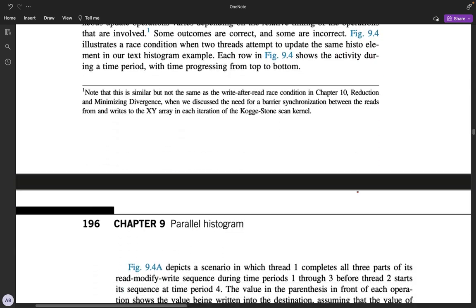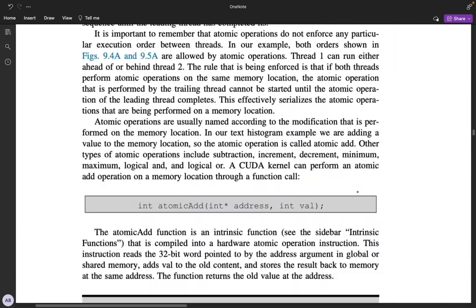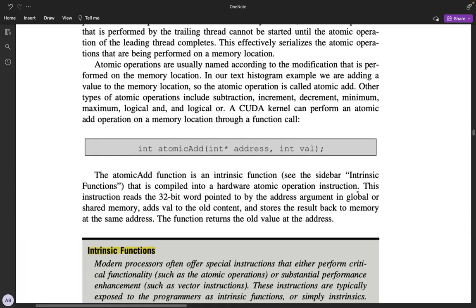So the way to avoid this is by using something called atomic add. CUDA guarantees that if we use atomic add on a given variable, we discussed that variable plus plus can be written as three atomic operations, right?